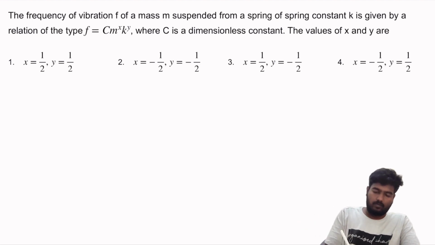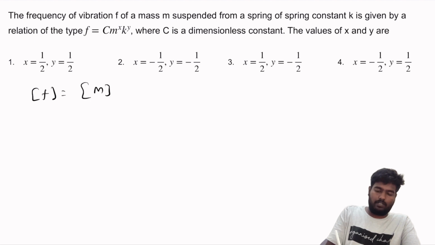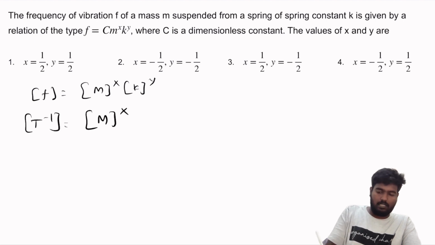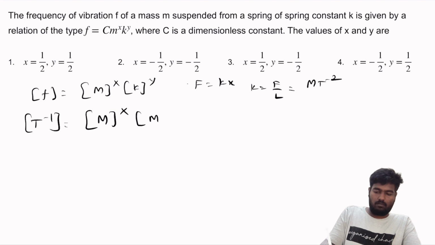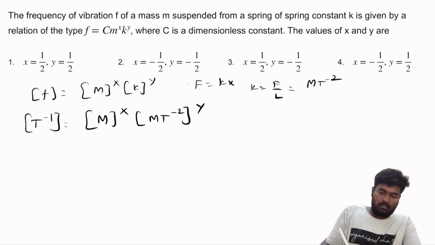So the frequency is m power x and k power y. T power minus 1 is the frequency, m is mass. Spring constant is F equal to kx, so k is F by L, which is M T power minus 2. So let's compare the mass.